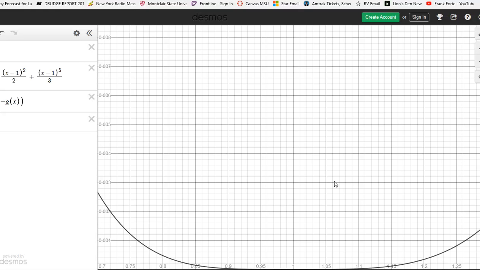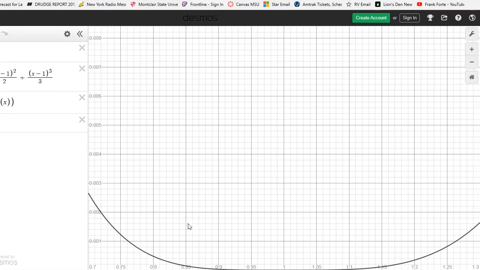Well, where is my error graph now? My error graph is way down the bottom of that screen, which means that that error bound was really, really high. How high? Well, the actual error looks like it's about 0.002 something, maybe 0.0027, somewhere in there.